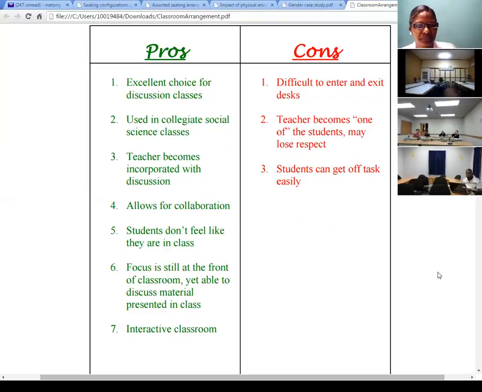But it can lead to students feeling more open to reflecting what's truly inside of them if they're not feeling too stuffy or afraid of some kind of consequence.